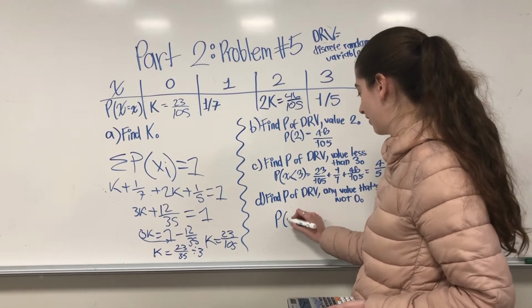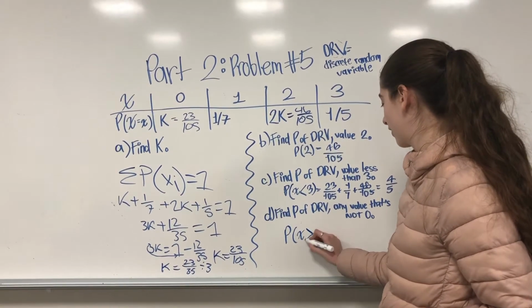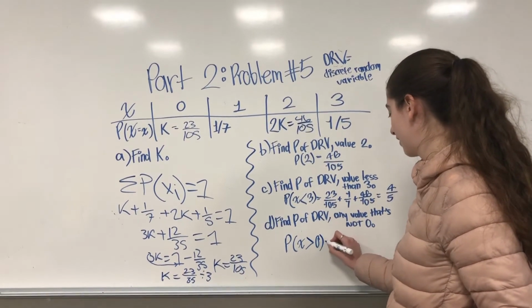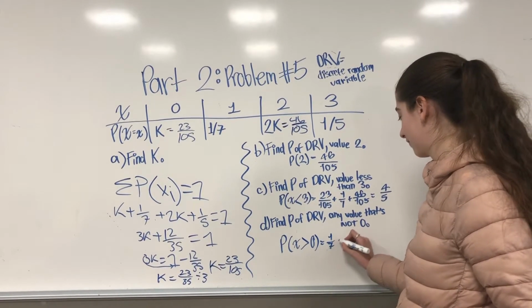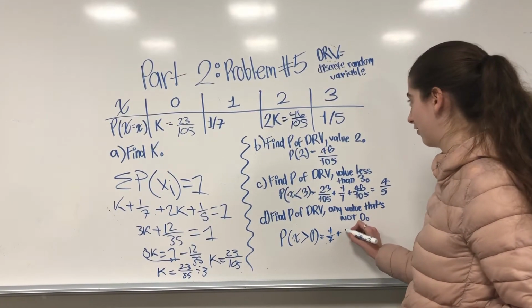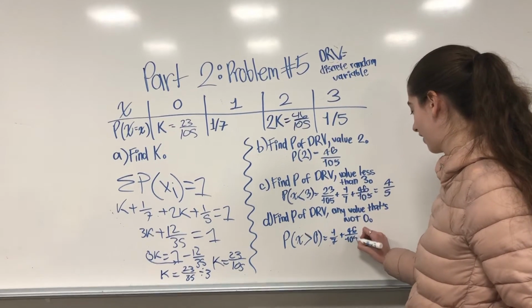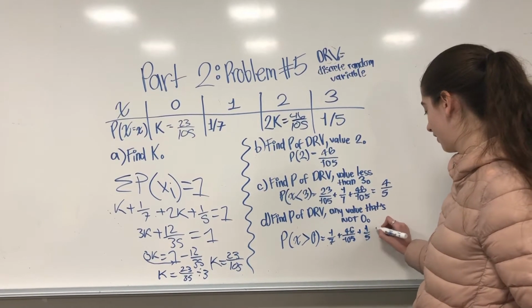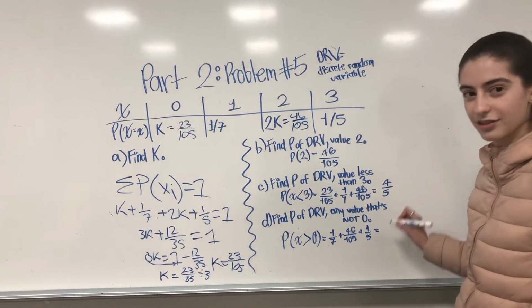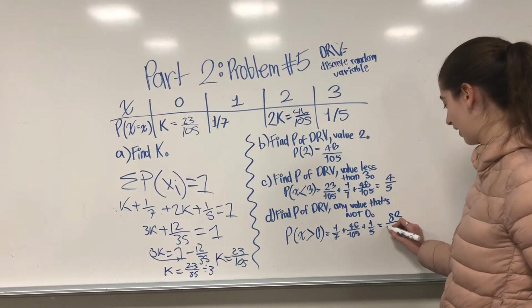Probability of any number that is more than 0. So we add the probability of 1. We add the probability of 2. And we add the probability of 3. Once you add them up and they're simplified, you get 82 over 105.